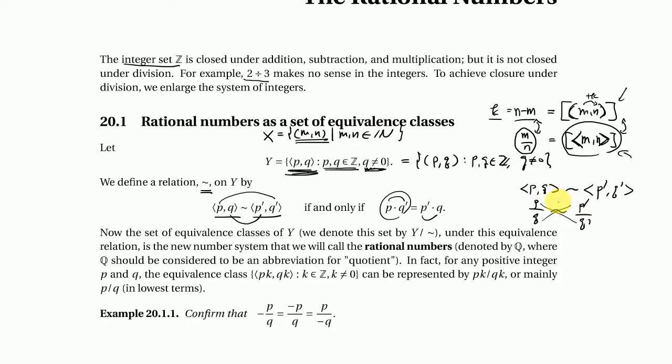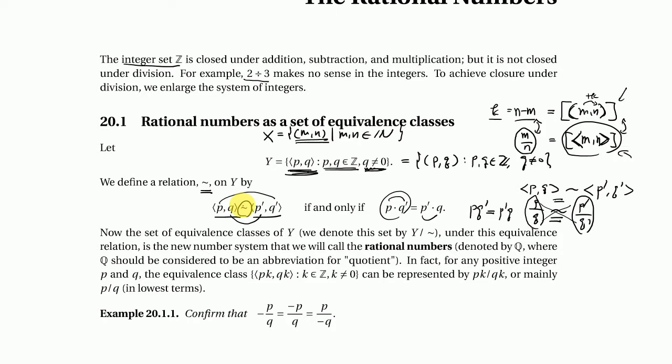That's the usual calculation between equal fractions, right? So whenever we get P Q prime equal to P prime Q, meaning as a quotient form, these two notations must be equal. That's the relation here. Okay?